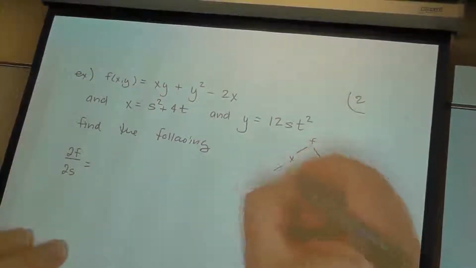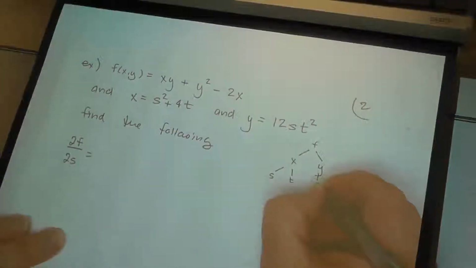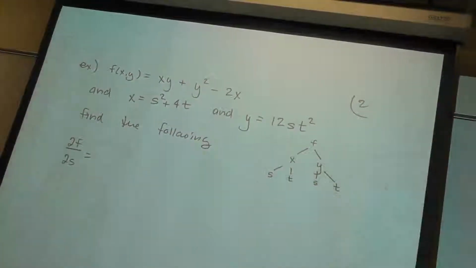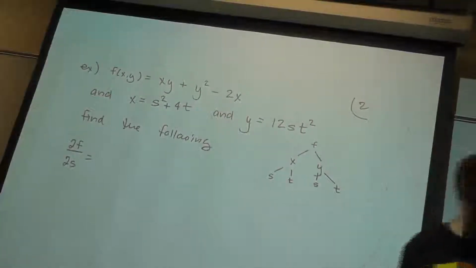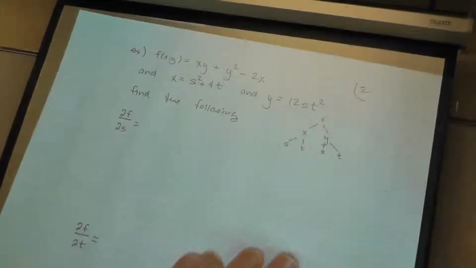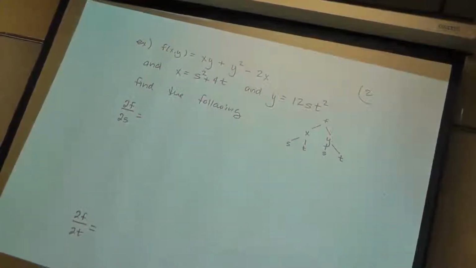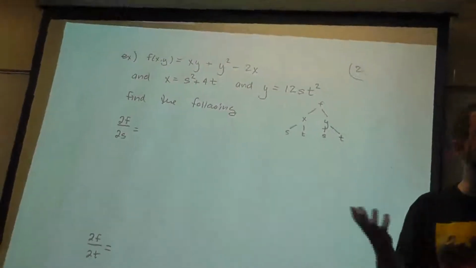And then x and y separately depend on s and t. So I see exactly how many branches I have to go down to get each of these 2 chain rules that I'm prompted for. I've got this one here, the partial of f with respect to s, and then later on I prompt you for the partial of f with respect to t, bottom of the page. Okay? So let's get started.